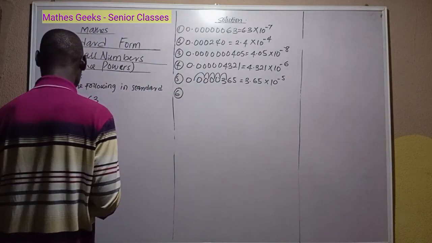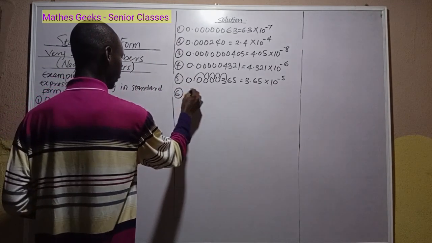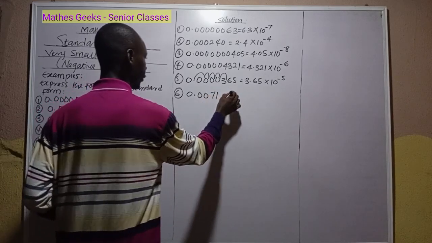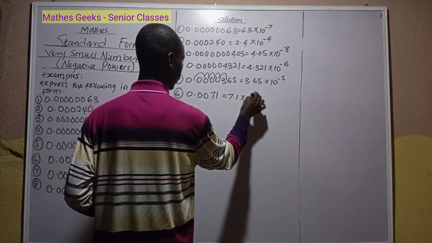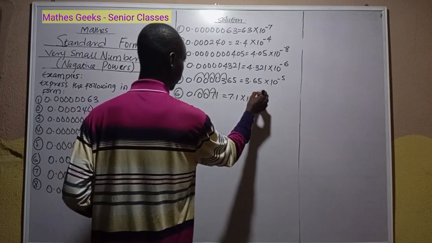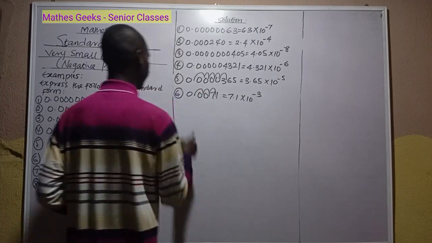Number 6, 0.0071 gives us 7.1 times 10 raised to minus 1, 2, that is minus 2.